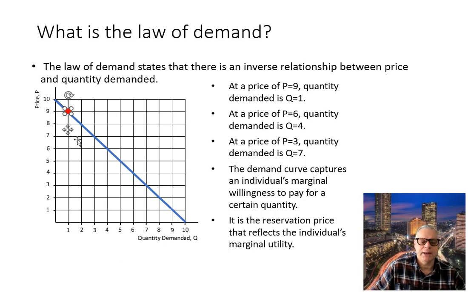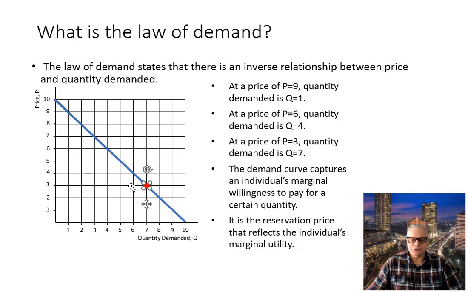But if you already had, let's say we are talking about cookies, 6 cookies, well, for the 7th cookie your willingness to pay is much less. So your individual demand function can be thought of as your extra utility that you get from consuming another unit.